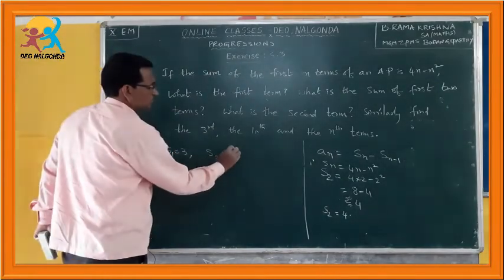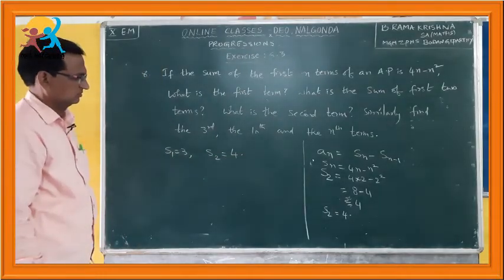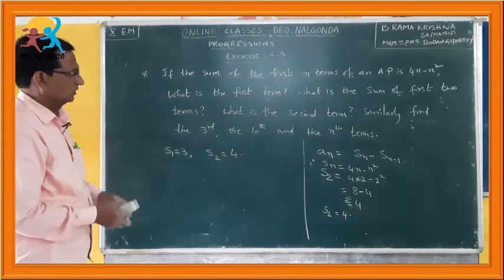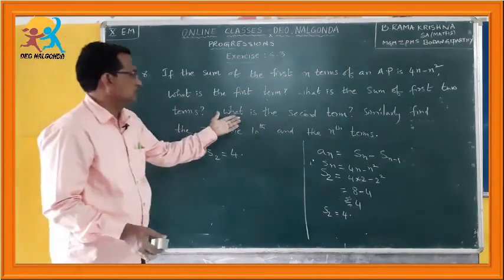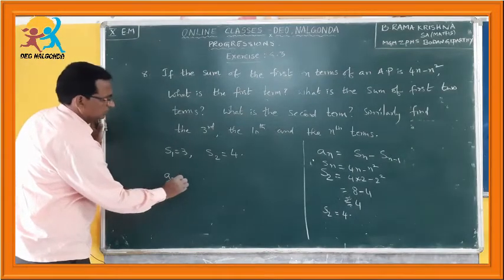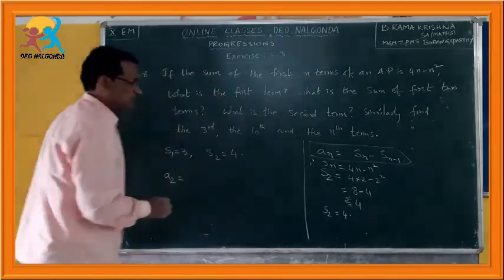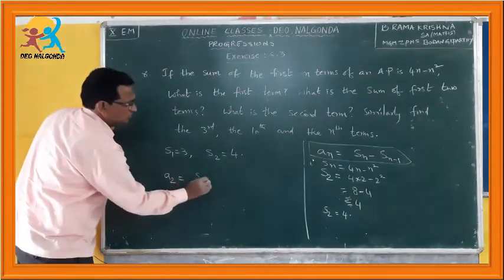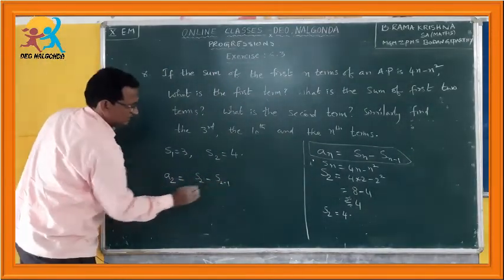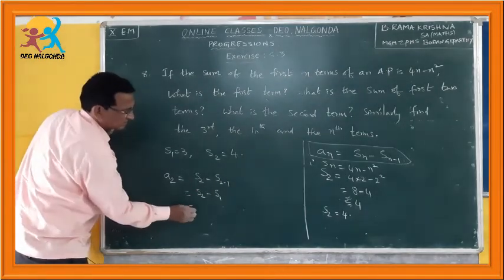S2 is equal to 4. So, what is he asking? The second term. The second term is nothing but A2. You can use this formula: A2 is equal to S2 minus S2 minus 1, nothing but S1.